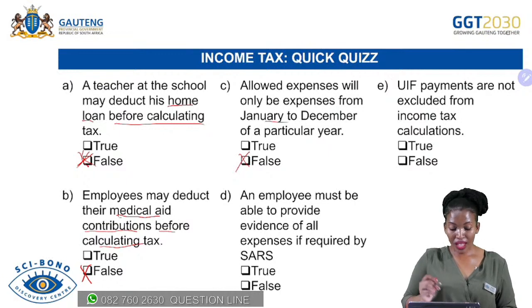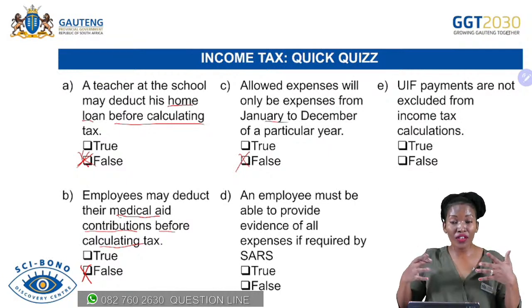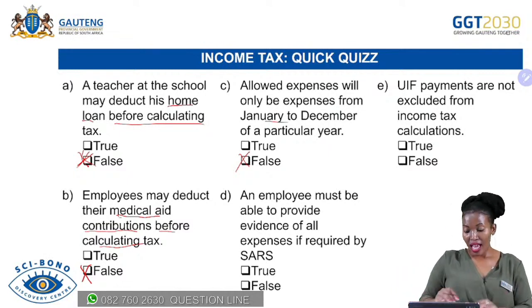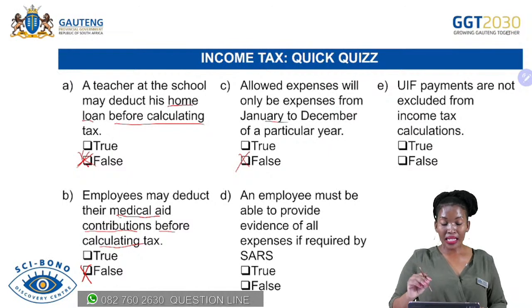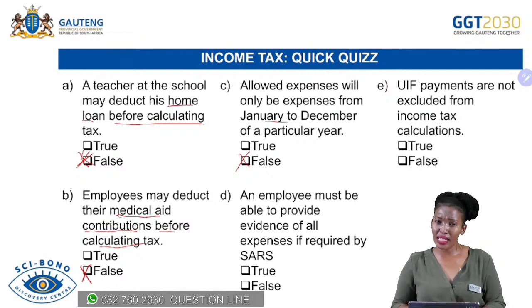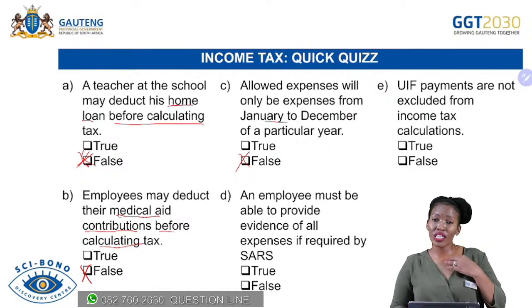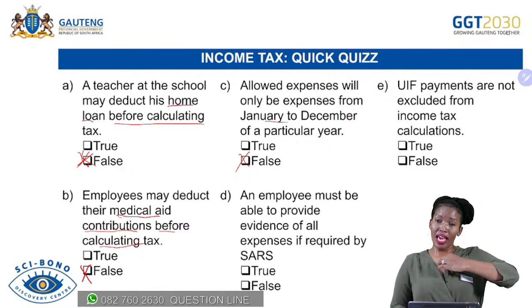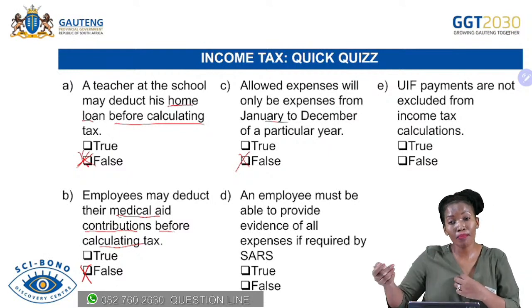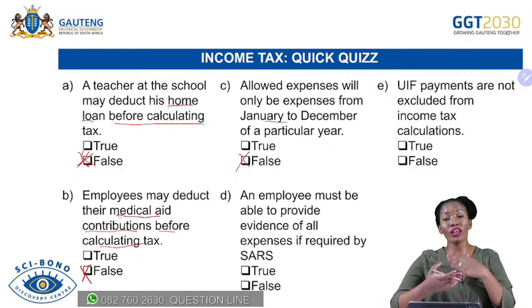D, guys, what I'm doing here is a quiz. So I'm giving you general knowledge. An employee must be able to provide evidence of all the expenses if required by SARS. Guys, as employees, every year when the tax year starts, we are required to go to SARS to submit, and then they can check whether we are compliant.